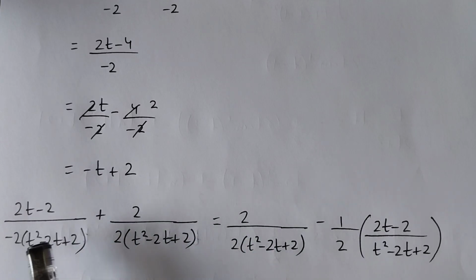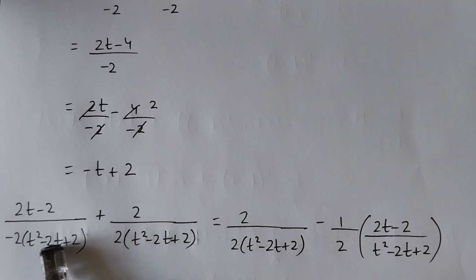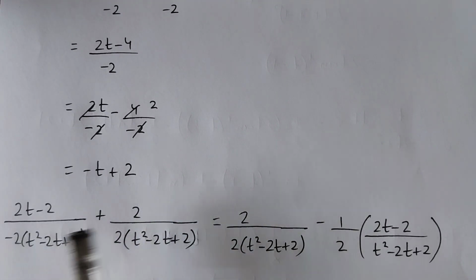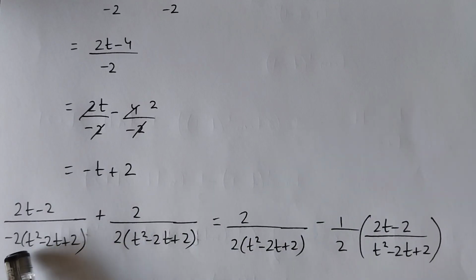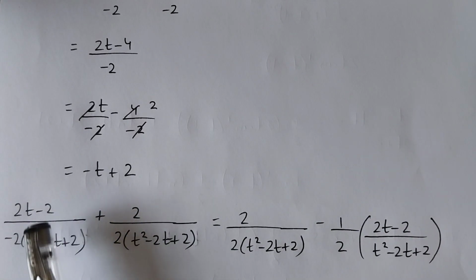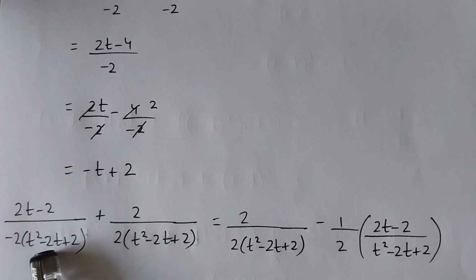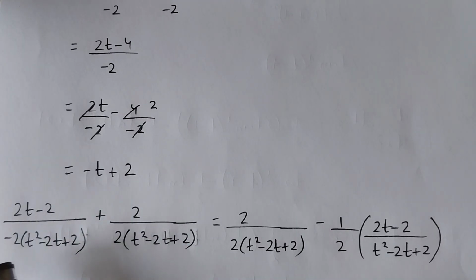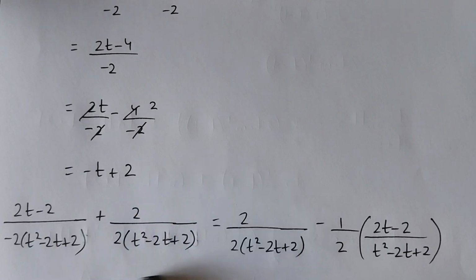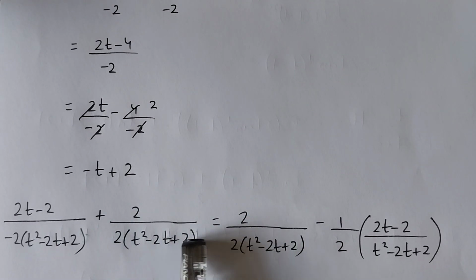In the first fraction, what this has done for us is that we now have the derivative of the denominator in the numerator, because the derivative of the denominator is 2t minus 2, which we have in the numerator now. But we still need to find the integral of this thing, 2 over 2 times t square minus 2t plus 2.